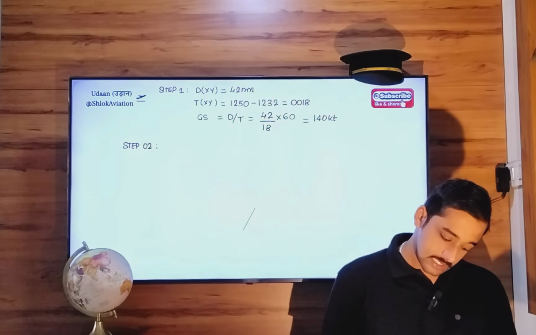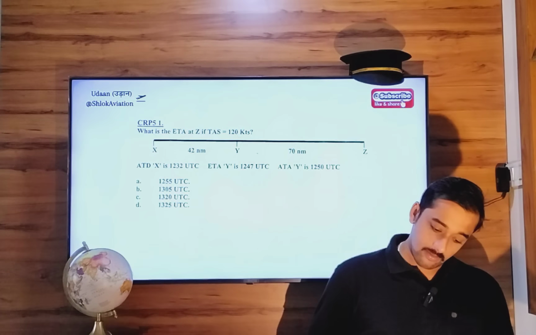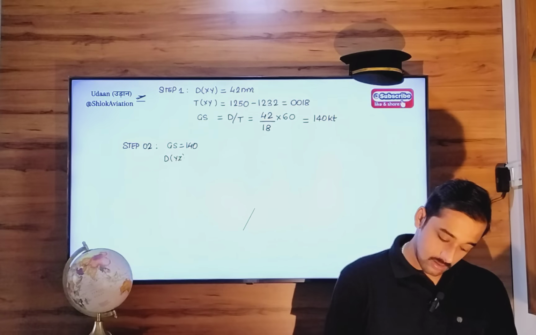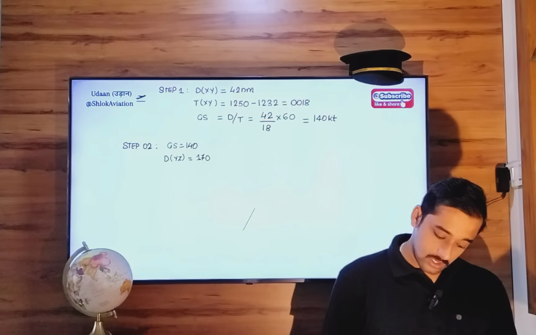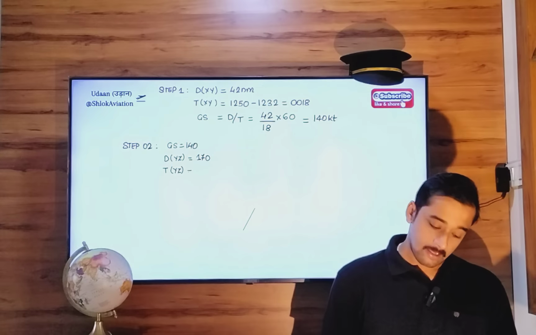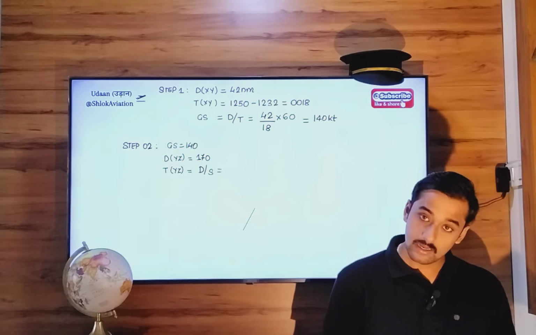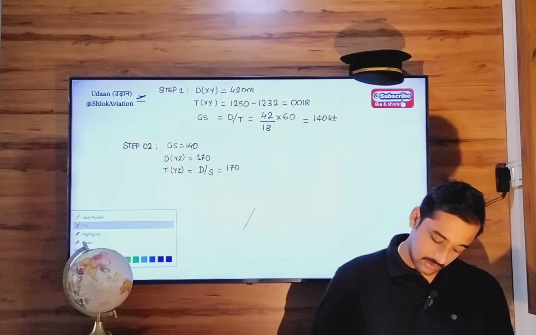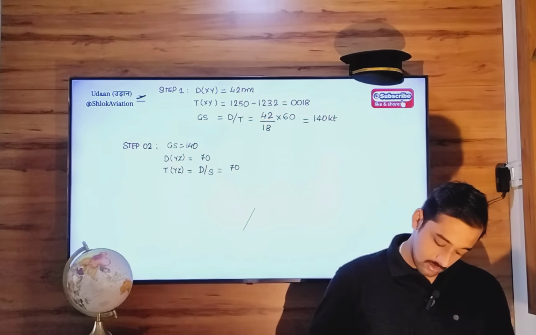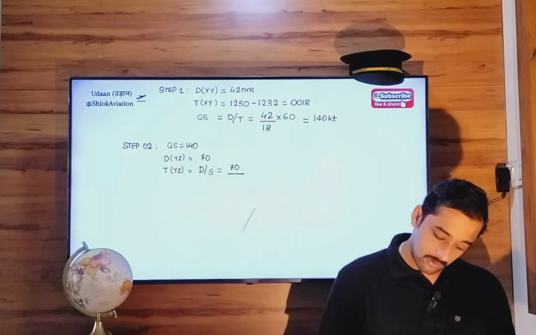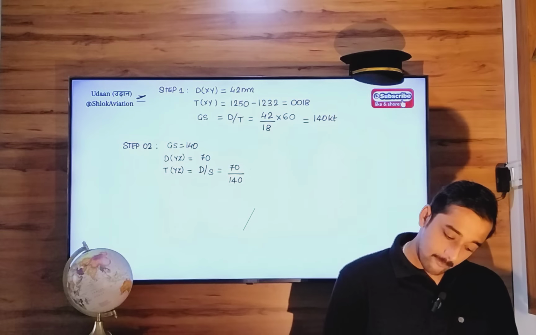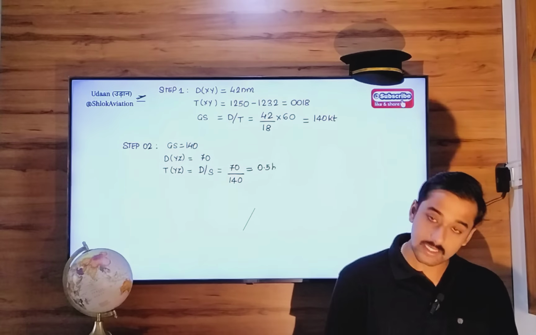Your ground speed is 140. Distance between Y and Zulu is 70. So time between them will be equal to distance divided by speed. 70 divided by 140. 70 divided by 140 is half, or 0.5 hours, right?